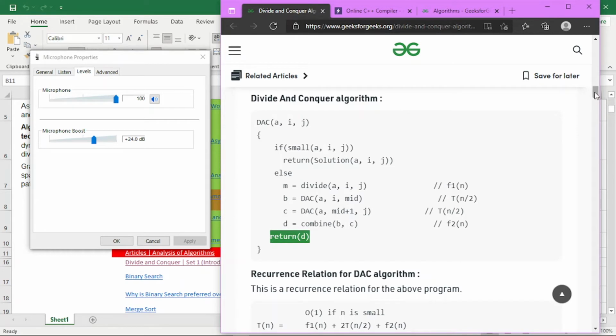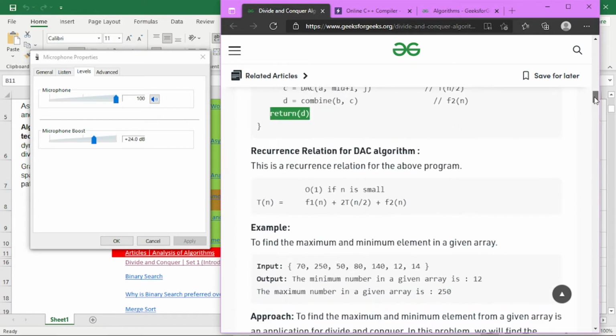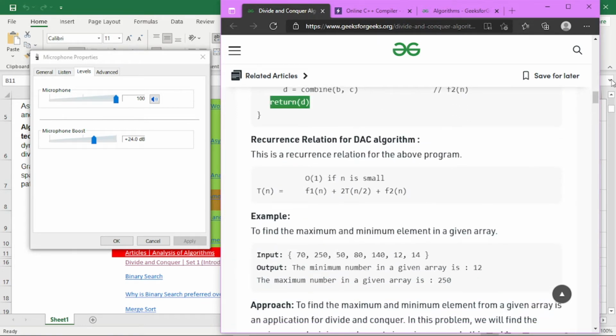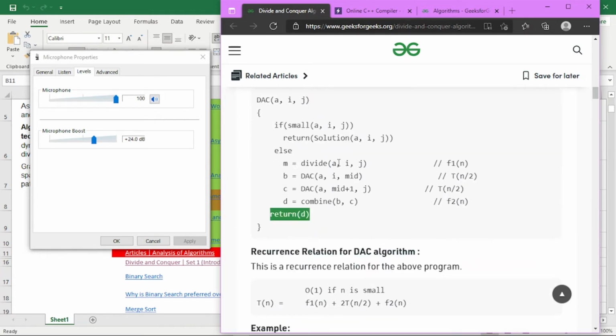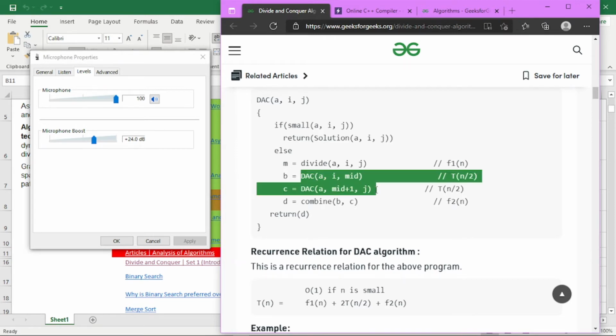Alright, so now the recurrence relation can be shown here. As you know, this is a new function that will divide this array into sub arrays. So you can write it as f1 of n, and these will actually solve these problems.